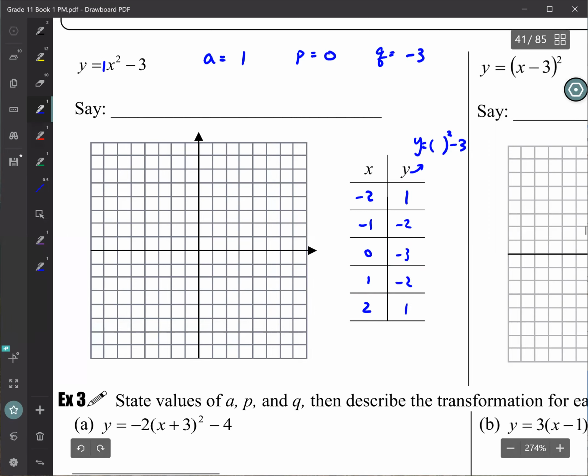Let me plot them out. -2 is 1. -1 is -2. 0, -3, and then the other side is symmetrical. It opens up as we predicted. A is positive, so it opens up. Evan, Harry, Marcus, have you finished the graph yet?